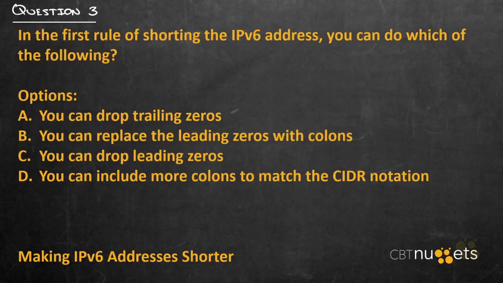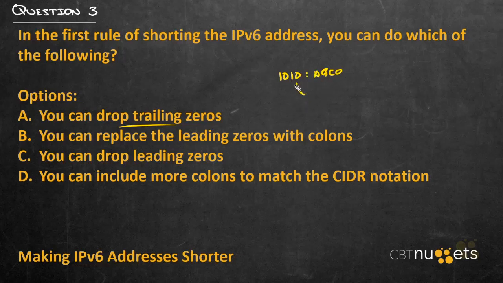Question number 3. In the first rule of shortening the IPv6 address, you can do which of the following? All right, let's look at this. First off, you can drop the trailing zeros. No. You can't do that. If you have an IPv6 address, let's just say 1010:ABC0, right?